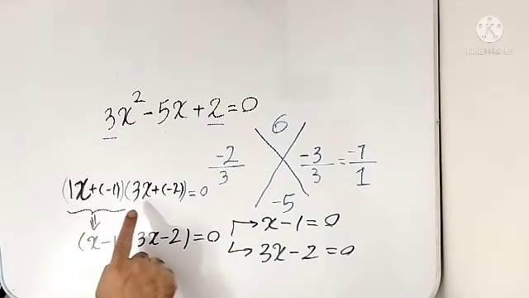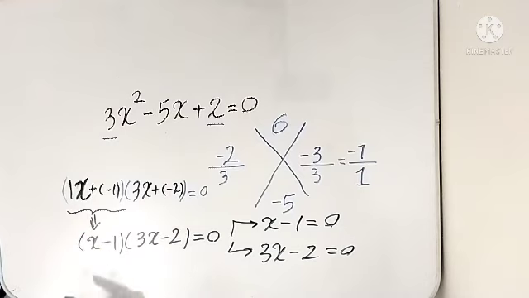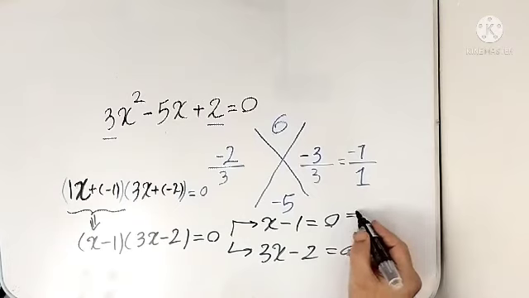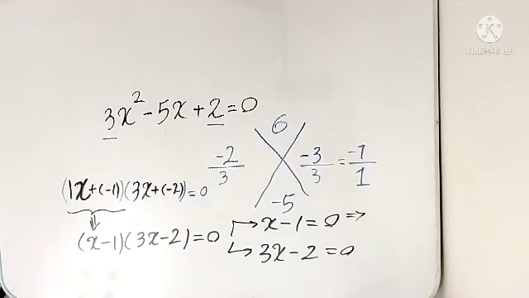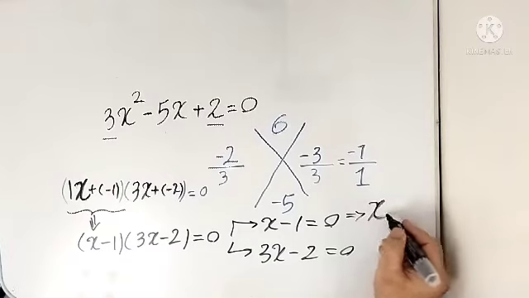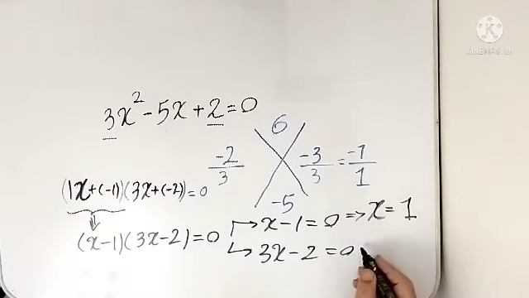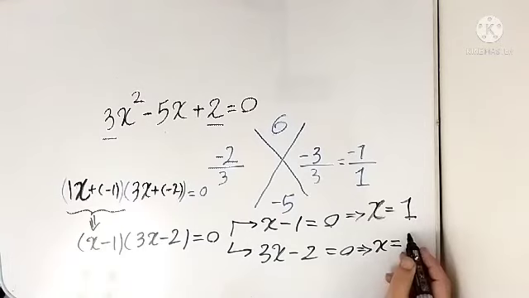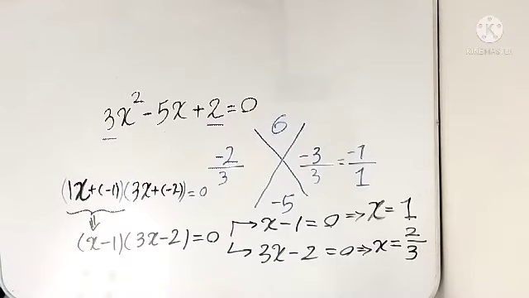If we simplify these parentheses, we have two factors. If we set each of these parentheses equal to 0, we have two equations. From the first equation, the result is x equals 1, and from the second equation, the result is x equals 2 divided by 3.